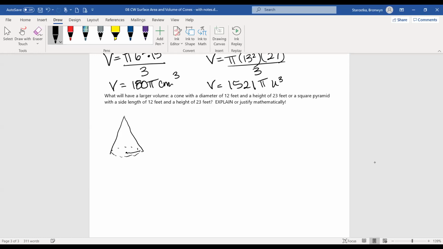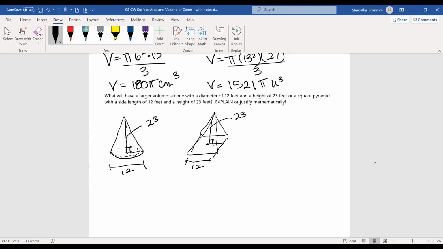Radius, that's 12, and a height of 23, or a square pyramid that also has a height of 23 and a side of 12.